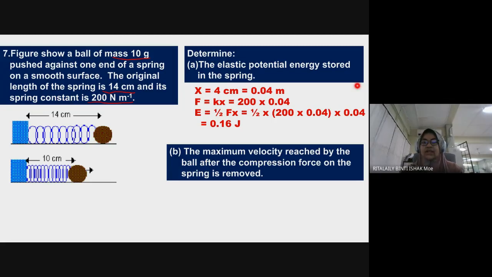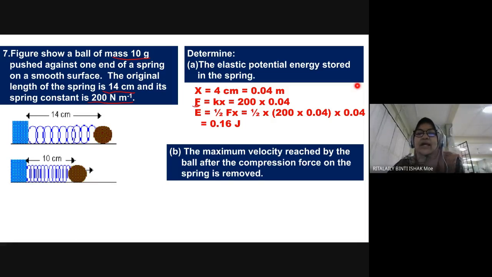So you get 0.16 joule. Okay, so we have this one, dia kira siap-siap F dulu, lepas tu baru dia masukkan dalam formula. Or we can straight away use the formula E equals to half kx square. Okay, so untuk A tak ada masalah kan?